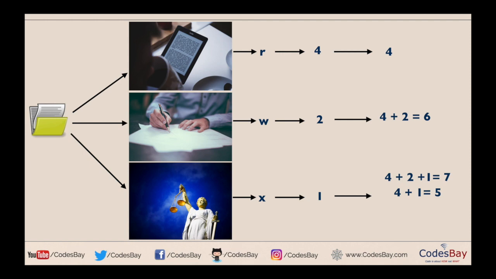Similarly, 2 plus 1 equals 3, where 2 represents writing and 1 represents executing, so 3 means writing and executing permission to a file.